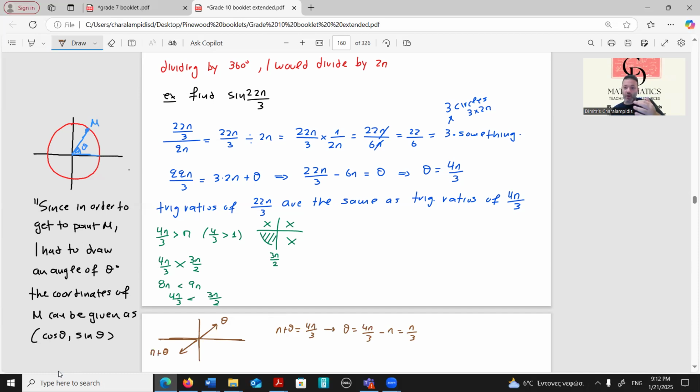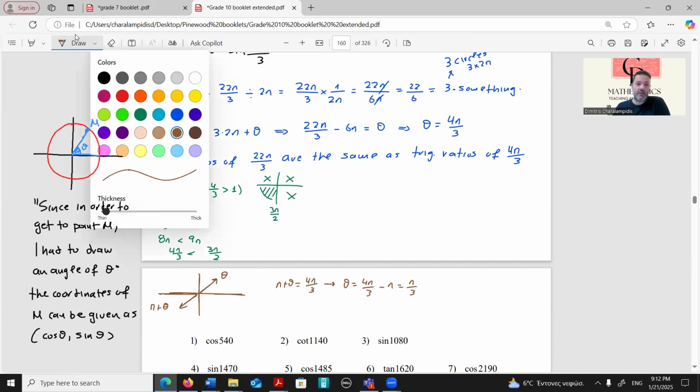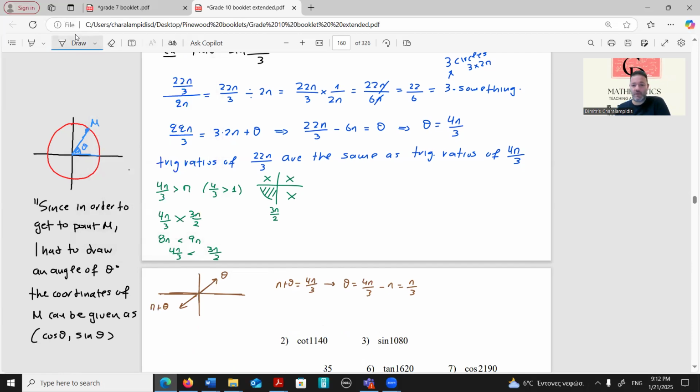and that is an indicator that things are working well, because pi over 3 is one of the angles that should be known. So I'm having an angle of pi over 3. Let me create even more space. Sorry about that.